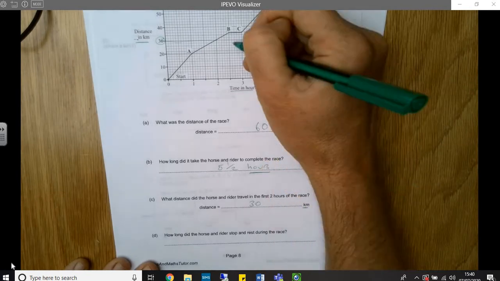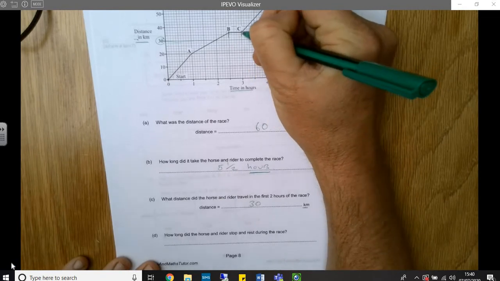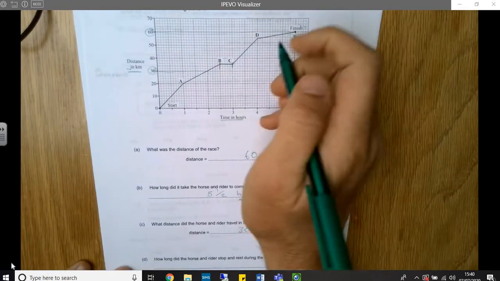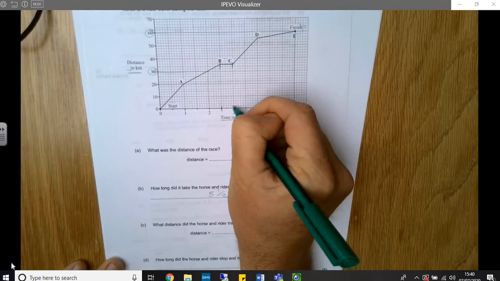How long did the horse and rider stop and rest during the race? Now, this is our point of rest, we know, because it is stationary. How long was this time period between here and here?